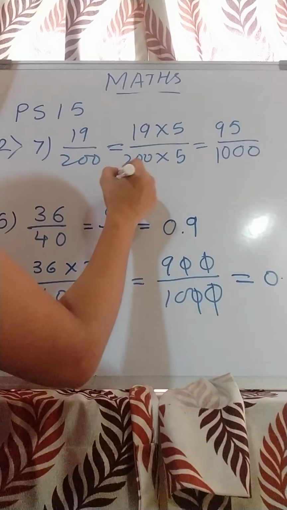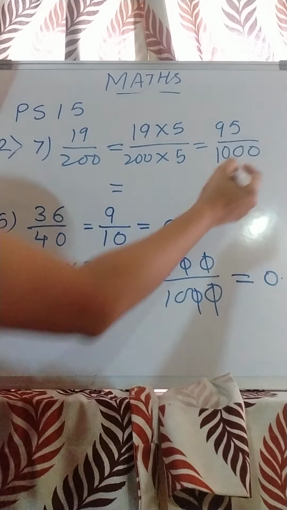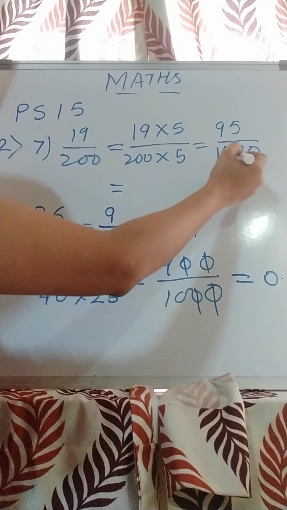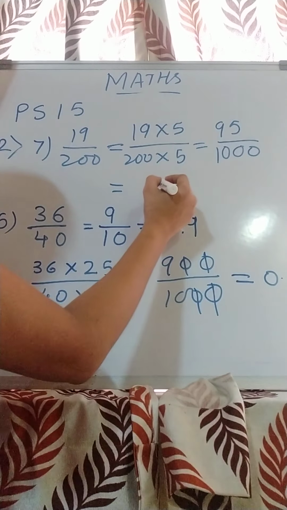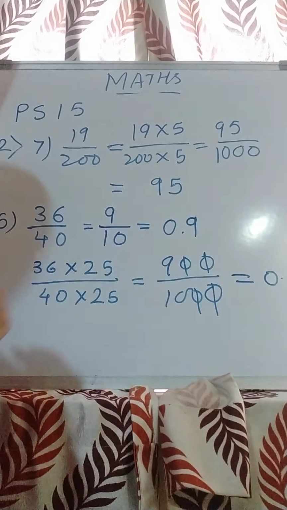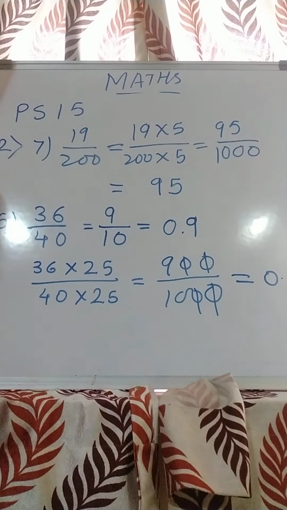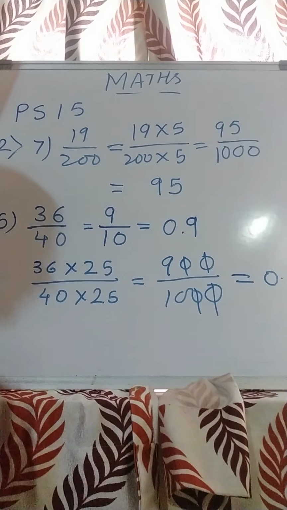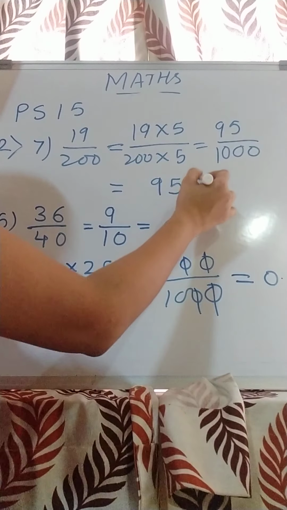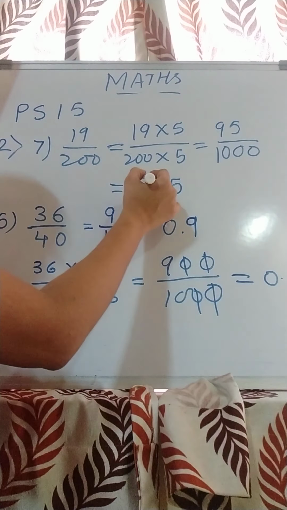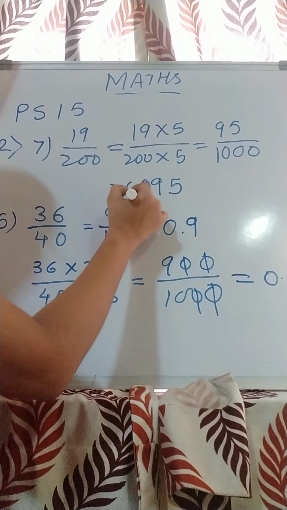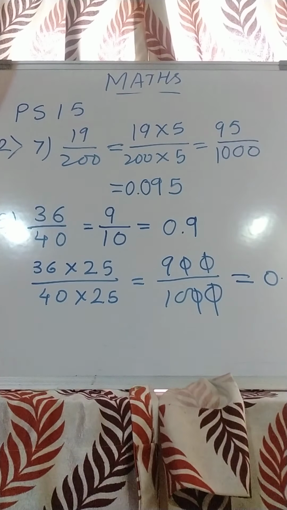Your decimal fraction of this is, see, 1, 2, 3 zeros are there. First write your numerator 95. But you want 3 digits after the decimal point. Here only 2 digits are there. If I put 0 here at the end, it will change the value. If I put 0 here in front, the value remains the same and your answer is 0.095.